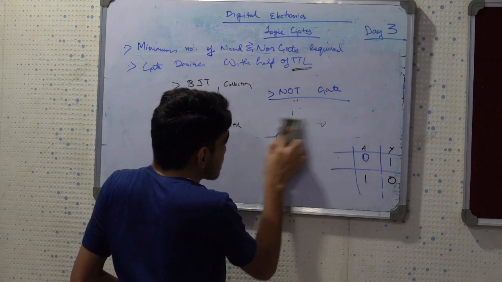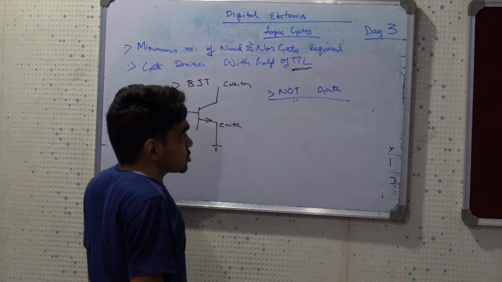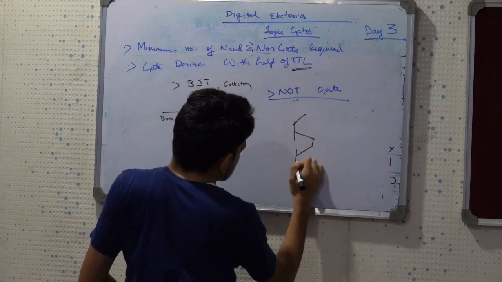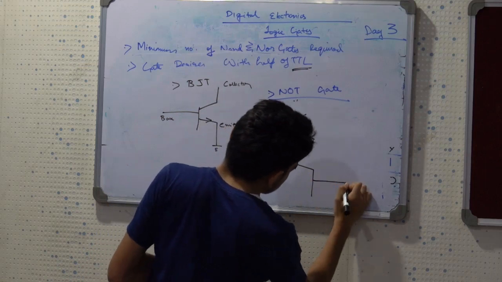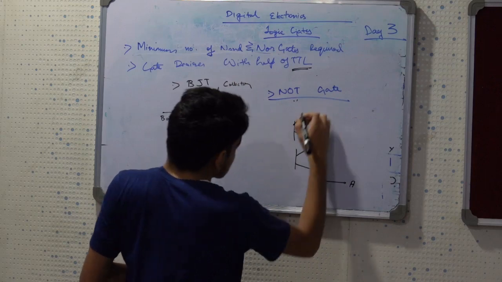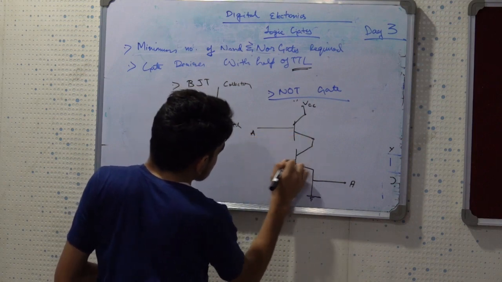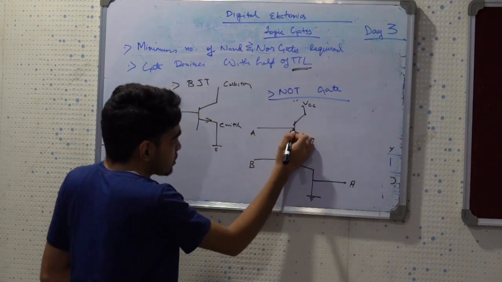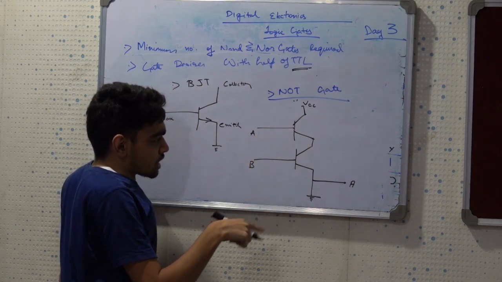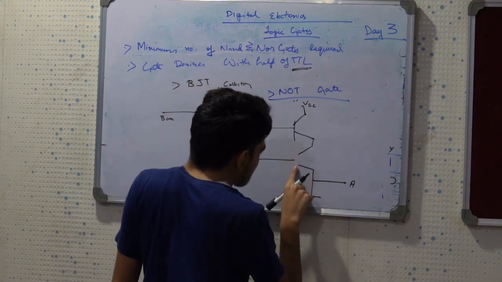And now if I consider an AND gate. An AND gate requires two inputs, that's why we will also take two transistors. Whenever A and B both are low, this transistor becomes open circuited.